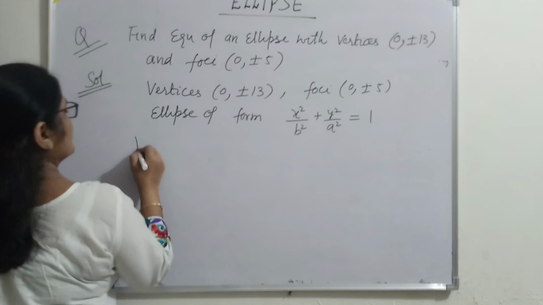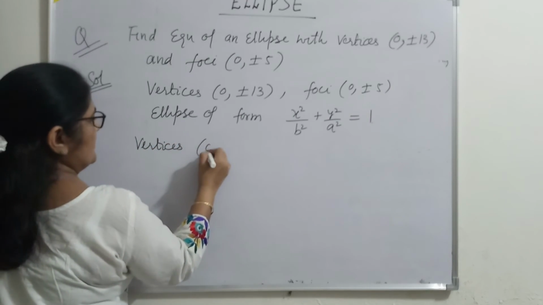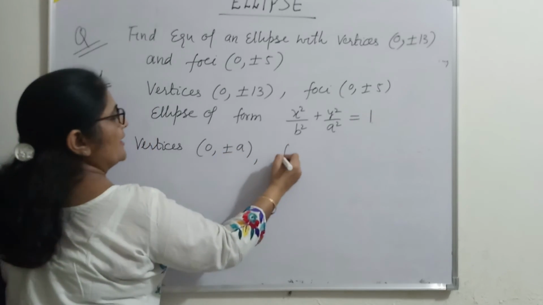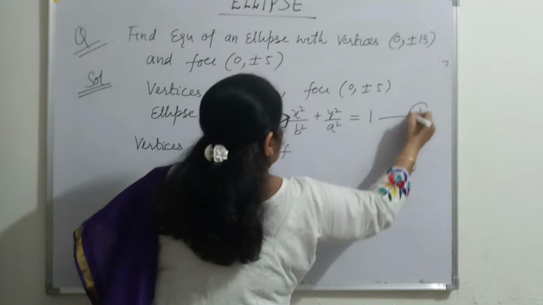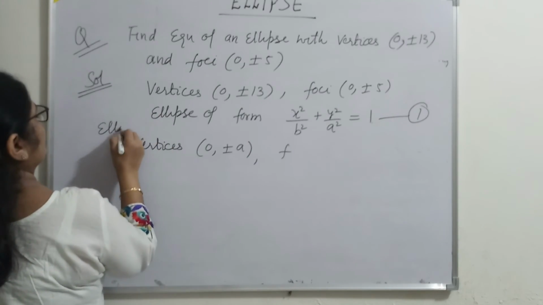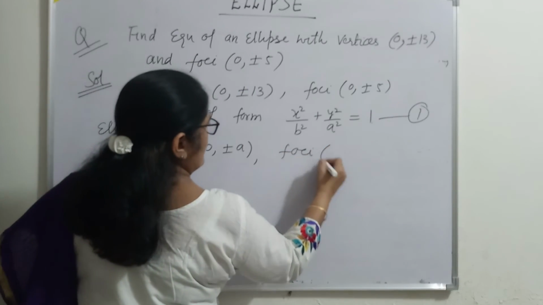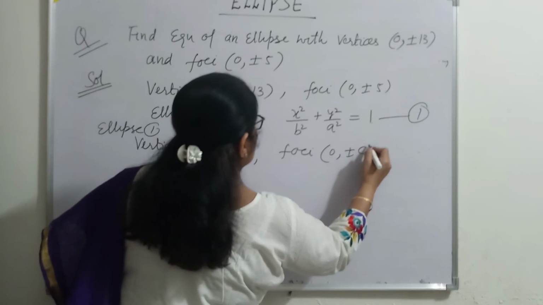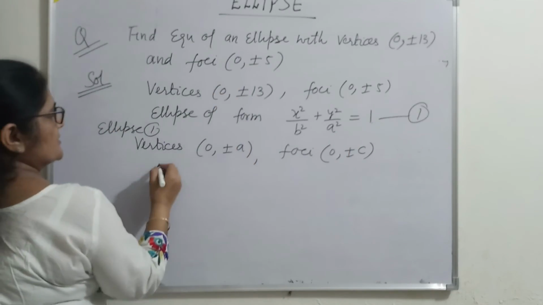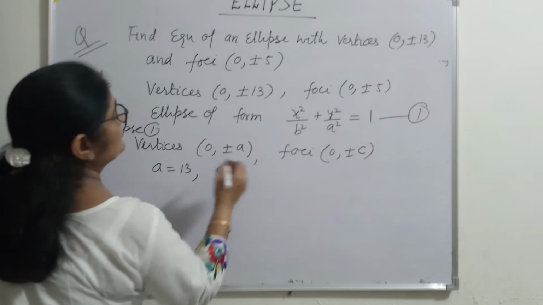The vertices of such an ellipse are 0, plus minus a and the foci are 0, plus minus c. So comparing with the given values, a is 13 and c is 5.